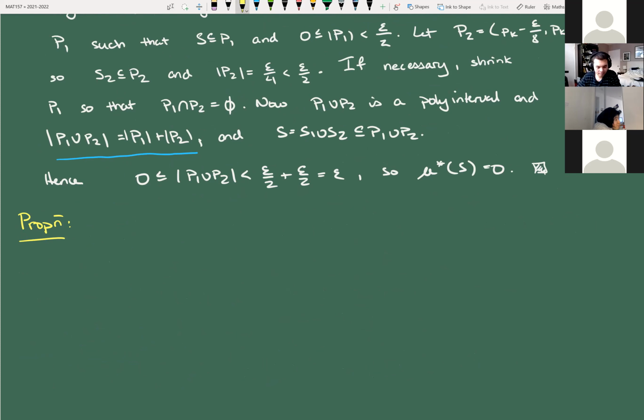Okay. All right, let's do another proposition. Maybe this one should be a theorem, but we'll find out. Let's begin by supposing that we have two measurable sets. We're going to rattle off about 5 results that are true.